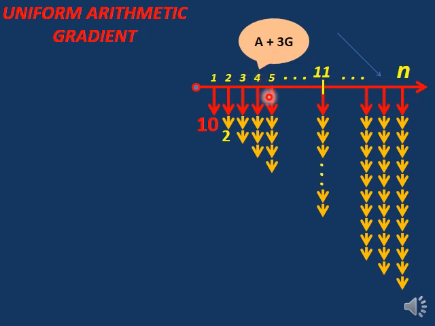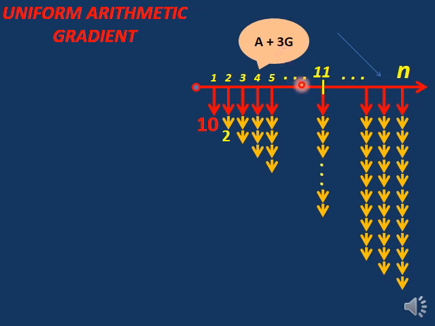As you may observe, on the first payment, there is no G. In the second payment, there is 1 G. That is, the number of G is 1 less than the number of the period. In the fourth payment, the number of G is 3. This is third, but this is fourth. That's why our formula here is A plus 3G.